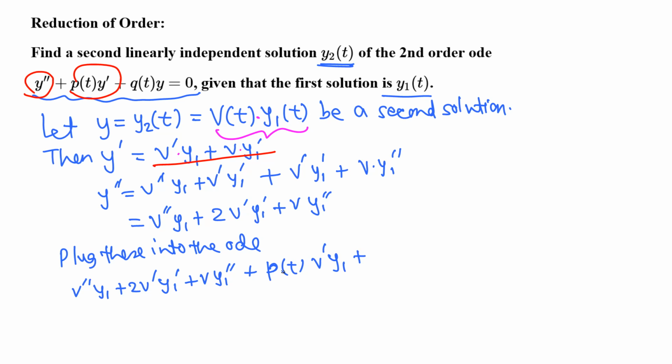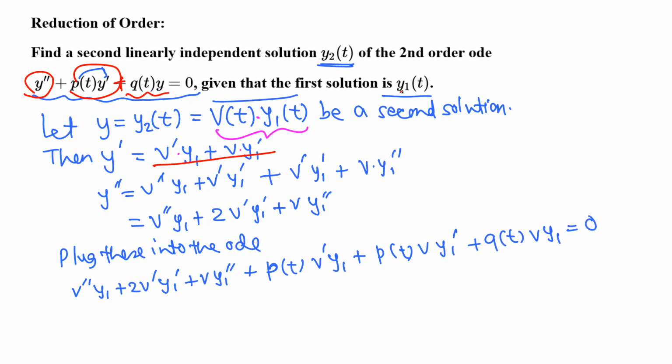We need to distribute p because we are multiplying by p here, so p v prime y1 plus p v y1 prime, plus q times y. So this is y here, q t times v y1. Okay, that equals 0.